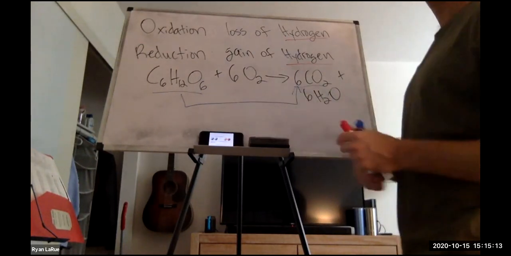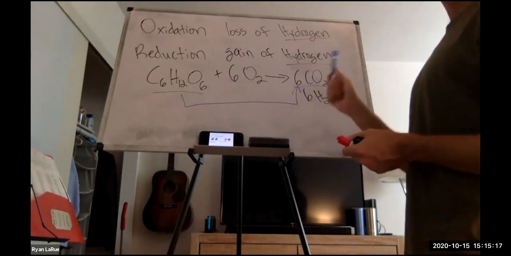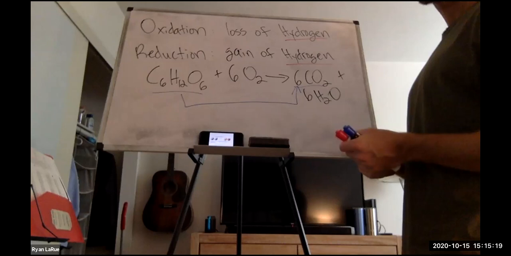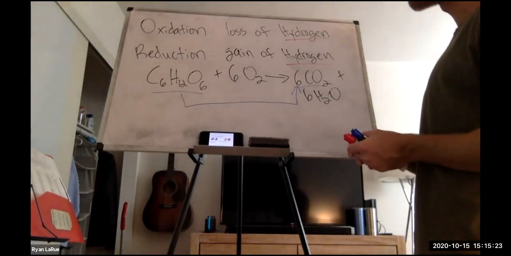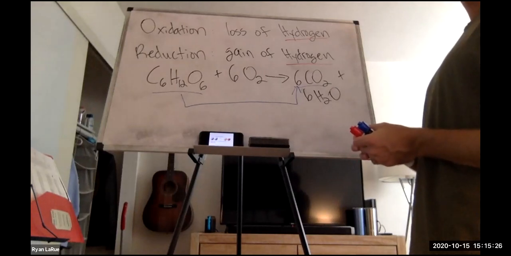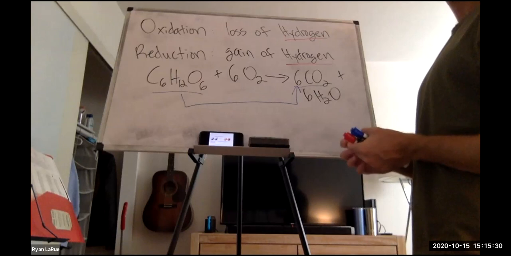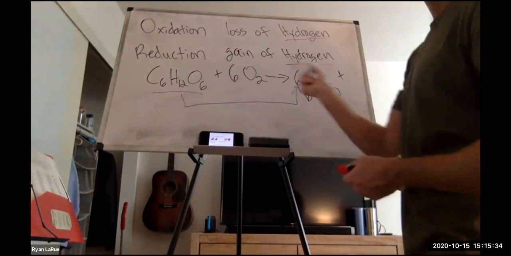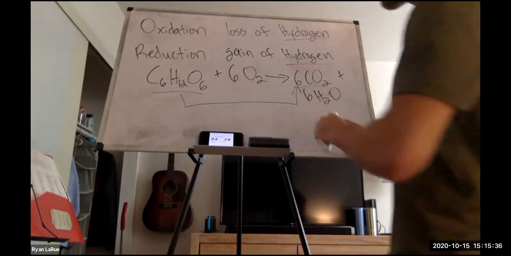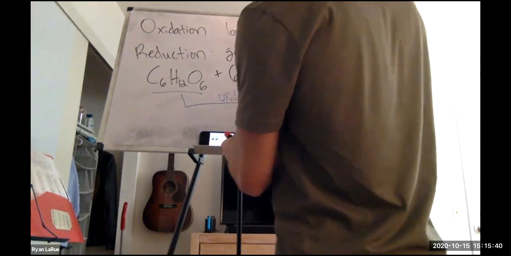Did we oxidize glucose or reduce it? If we're going from glucose to carbon dioxide. Yeah, we oxidized it, exactly. Because there's no hydrogens, right? So this is oxidation, absolutely. You've stripped off hydrogens.